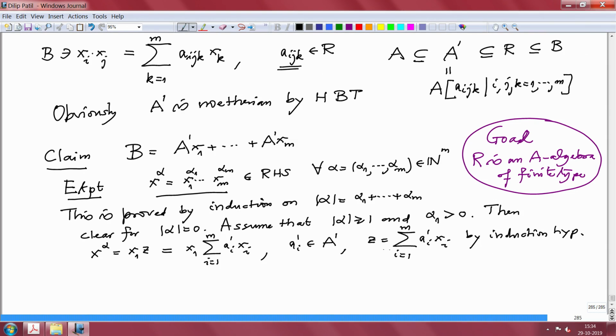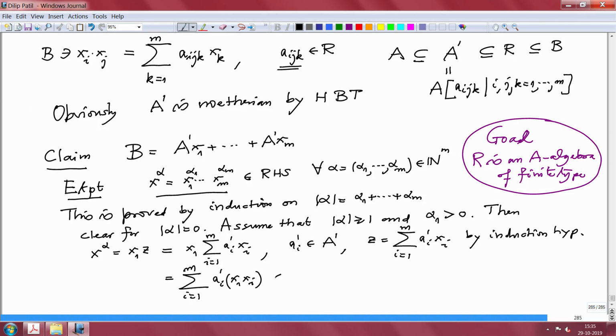So therefore I plugged it in that z here and we got this, and now we push that thing inside. So this is equal to the summation i from 1 to m of ai prime x1 xi, but x1 xi I know again is in linear combinations of these xk with coefficients now in A prime.